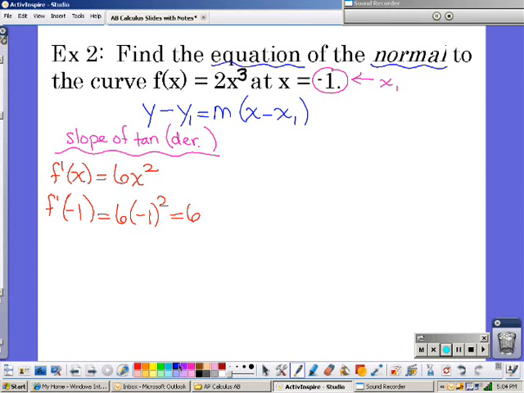Now we have to be careful because this right here is the slope of tangent. We need the slope of the normal. And we're pretty lucky because tangents and normals are perpendicular. And one of the things y'all learned is that if you have a tangent line, if you have a line that's perpendicular to it, then their slopes are going to be opposite reciprocals.